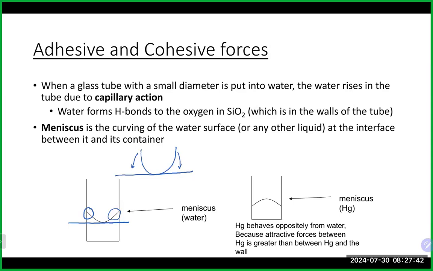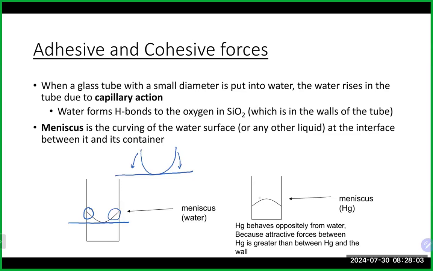As I might have mentioned before, not all substances will create a U meniscus. Mercury is an example of that. With mercury, the attractive forces between mercury and itself are actually greater than the attractive forces between mercury and the glass container.